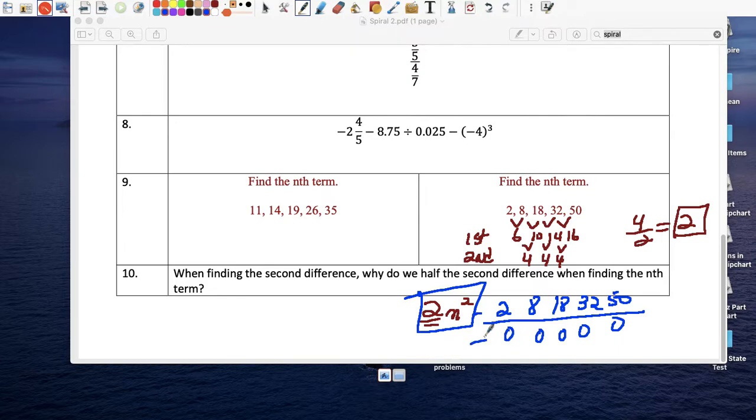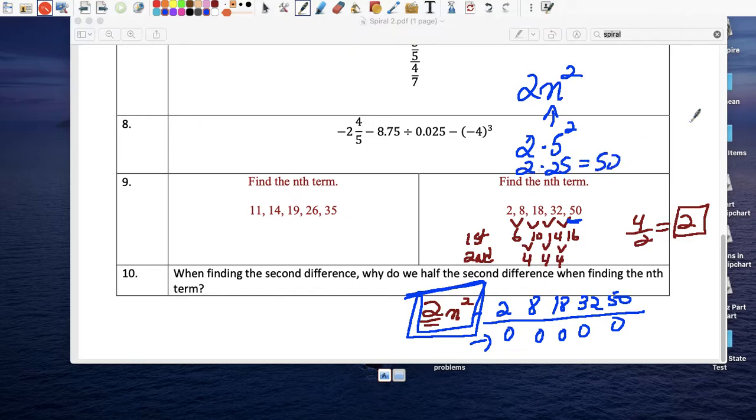There's nothing left over. There's not another linear sequence inside of here. So it's just this. Let's see if that works. 2n squared. The fifth term is 50. If I plug in 5 over here, do I get 50? 2 times 5 squared. 5 squared is 25 times 2. I get 50. Yes, it is that easy.